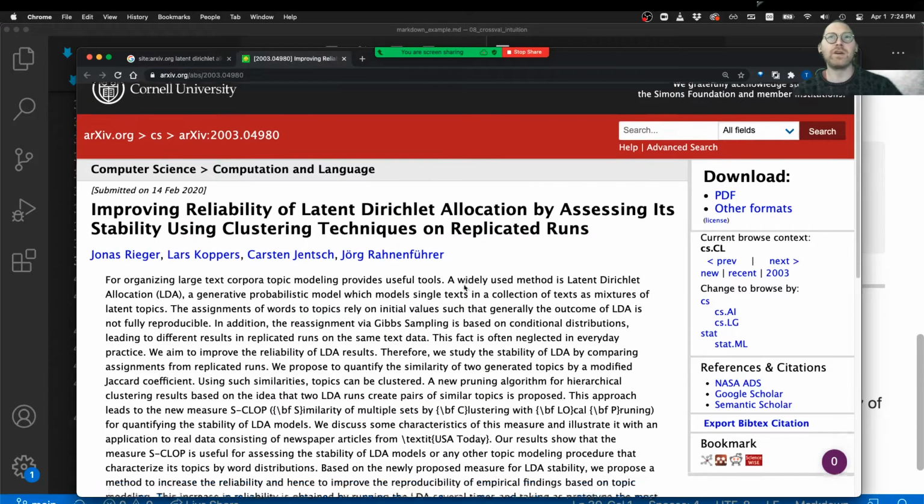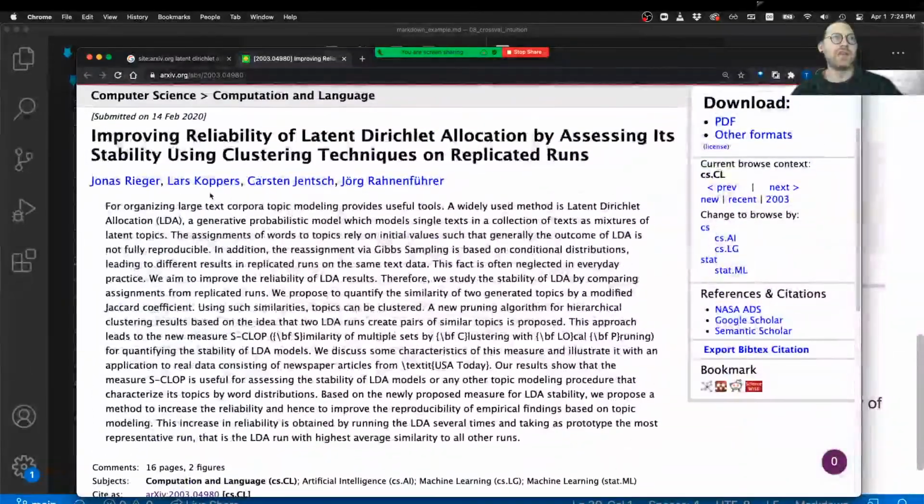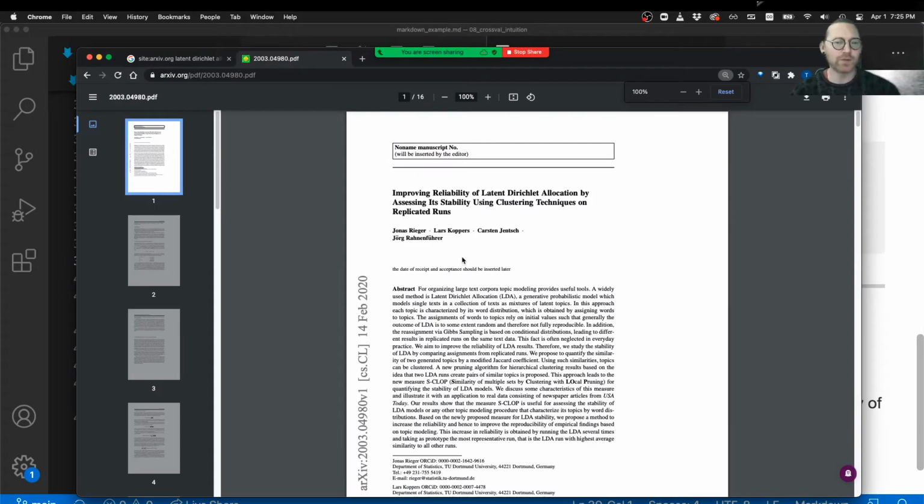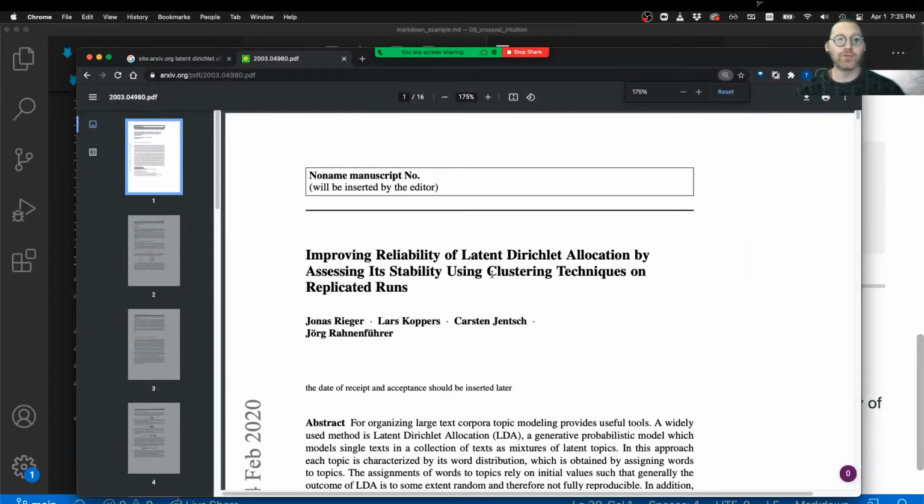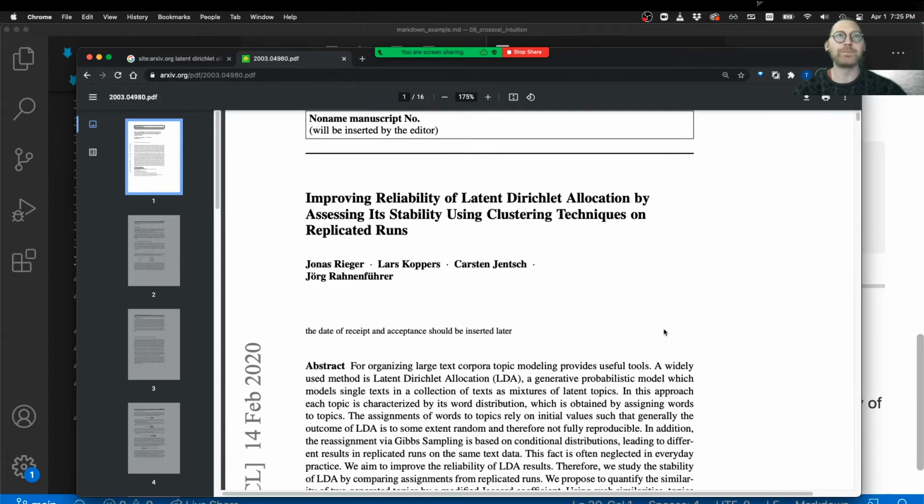I might open this here, and here's the abstract. And if I want to see the PDF, all these PDFs are available. If it's on arXiv, the PDF is available. There's no wall like with JSTOR or any of the other major journal databases. And arguably, for us, this is the most important journal database that's out there at the moment.